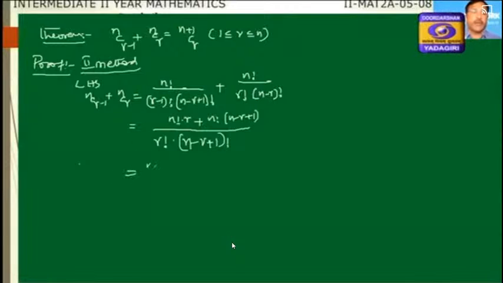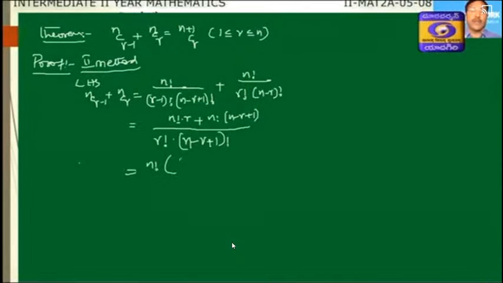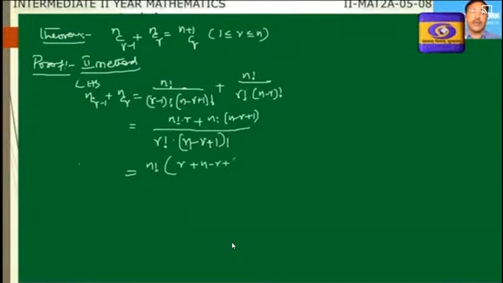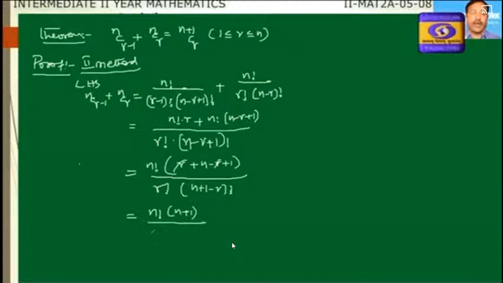Right? Now n factorial is common in the numerator, so r plus n minus r plus 1, whole divided by r factorial into, we can write this as n plus 1 minus r factorial. Minus r plus r will get cancelled. Now n factorial into n plus 1 by r factorial into n plus 1 minus r whole factorial. So this is exactly n factorial into n plus 1. n factorial means it is the consecutive product of the natural numbers from 1 to n.